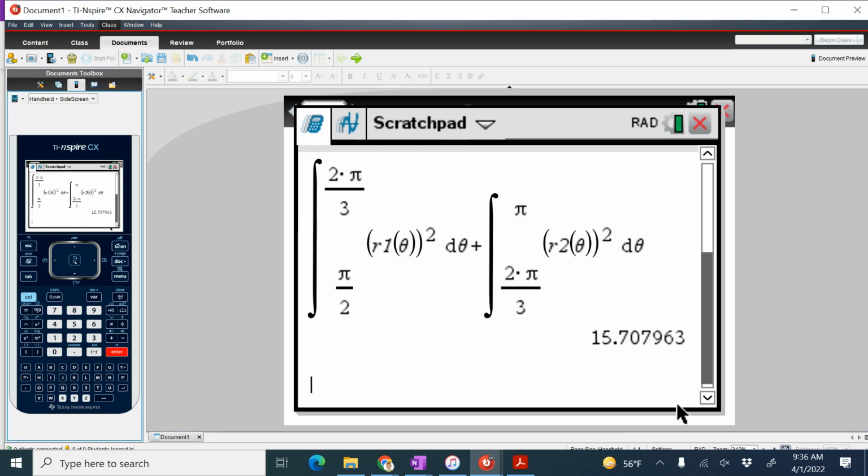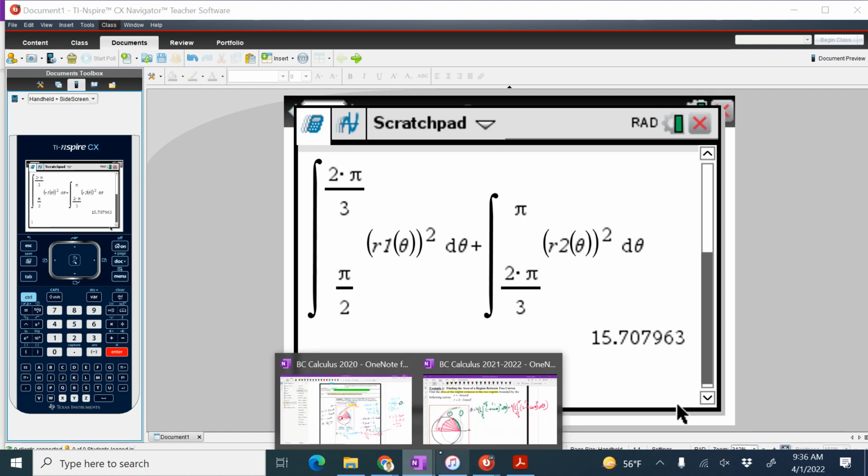There we go. Much better than yesterday, the power reducing, having to deal with all of that and all the U subs. We at least did the harder part yesterday, the harder method. All right, 15.707.